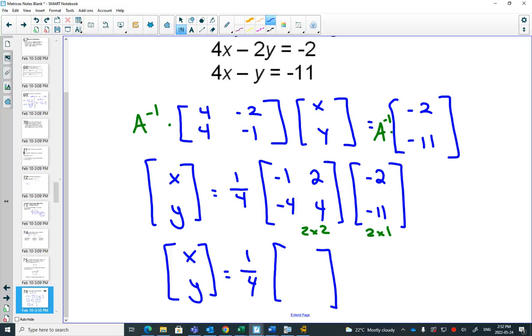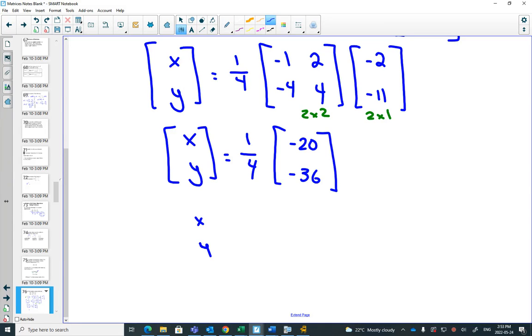Row 1 times column 1 will be 2 minus 22, which is minus 20. Row 2 times column 1 will be 8 minus 44, which is minus 36. And now if I multiply through by that 1/4, I get negative 5, negative 9. So this tells us that x is negative 5 and y is negative 9.